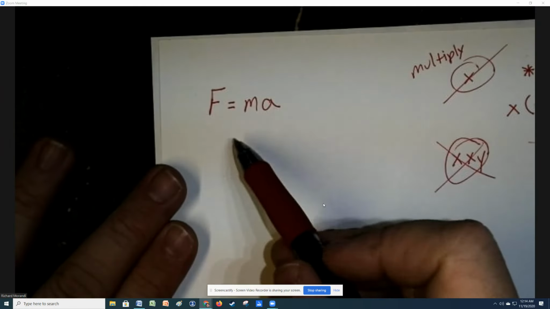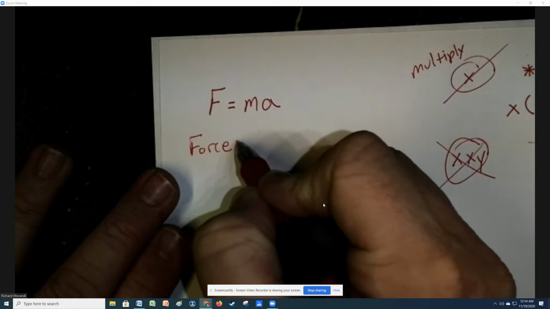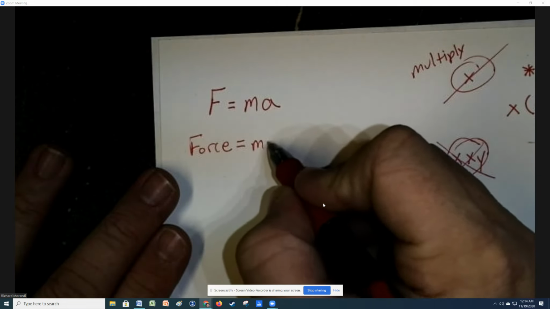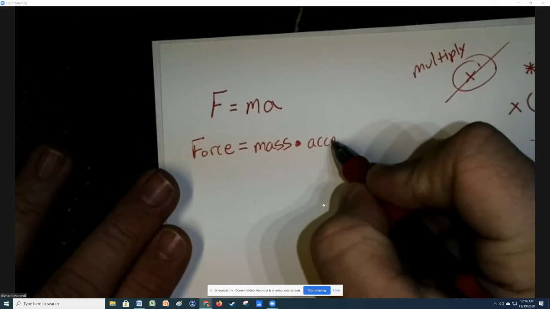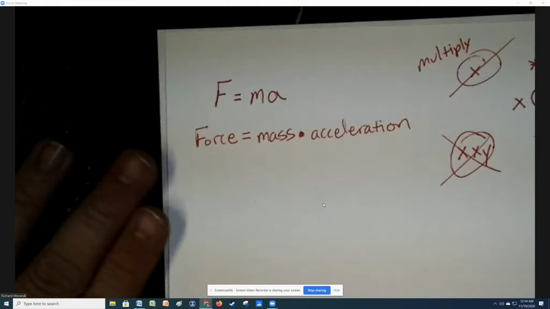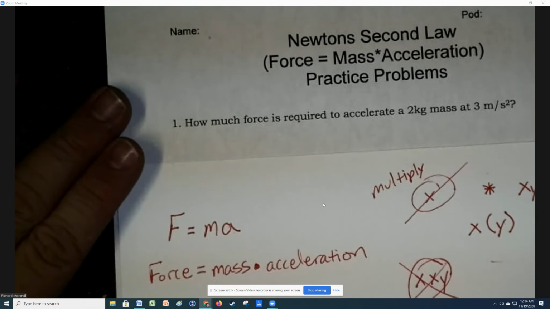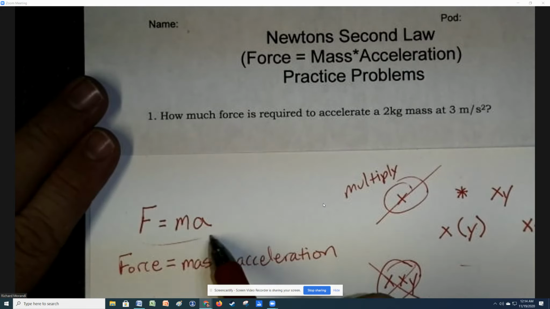So F equals ma says that the force acting on an object equals the mass of that object times the acceleration of that object. And all of these problems in this worksheet are going to give me 2 of those 3 variables, and then I solve for the remaining one.